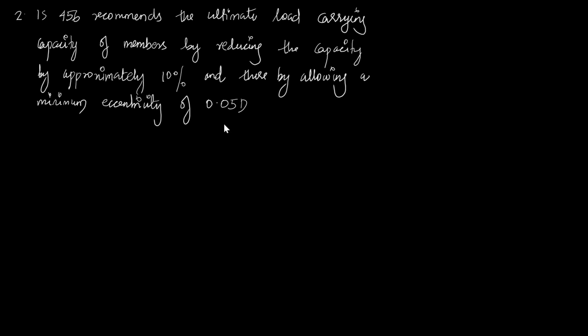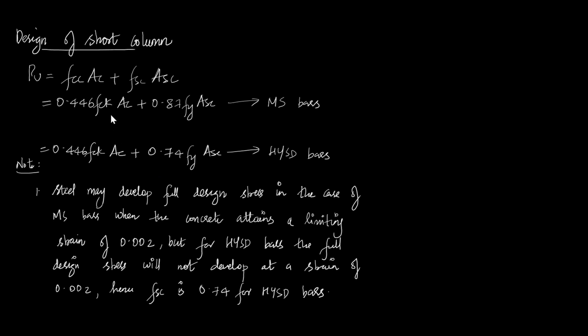So even if the column is axially loaded, there will still be a minimum eccentricity. In order to account for that, the code says that we need to reduce this by a factor of 10%. That is, we will not use the exact load carrying capacity of the column. We will reduce this whole value by 10%.